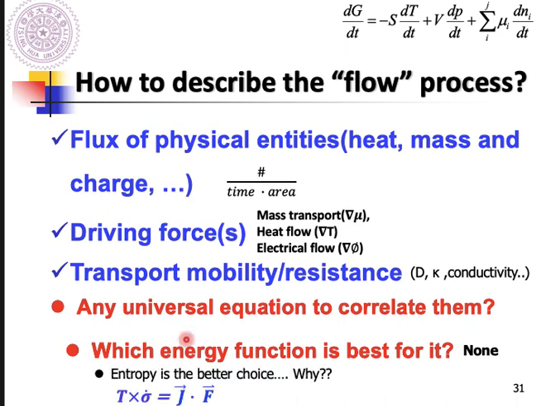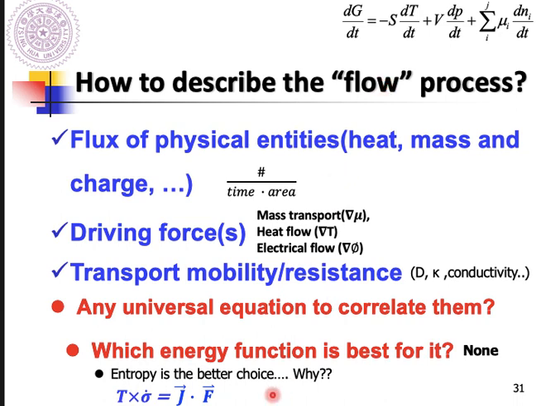So here we suggest that entropy would probably be the best choice to describe the flow process. Why? As you know, the flow process is an irreversible process, right? And in an irreversible process, we know the entropy change is always larger than zero, so always positive.